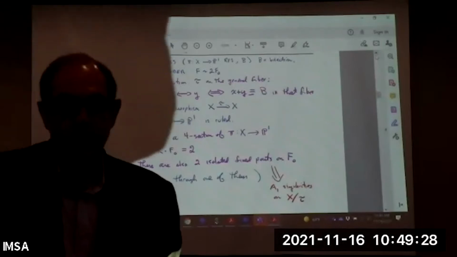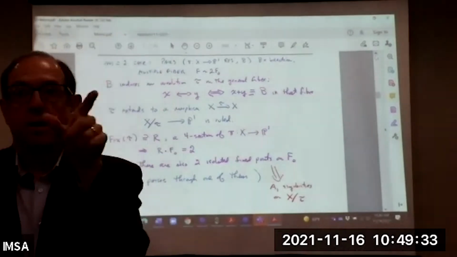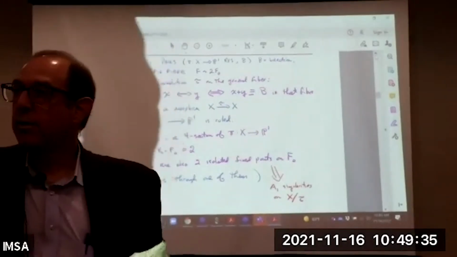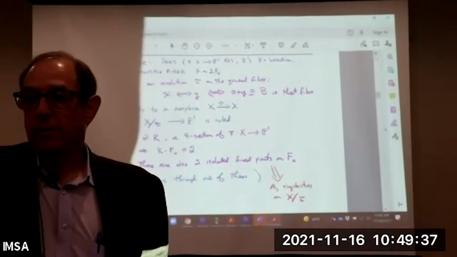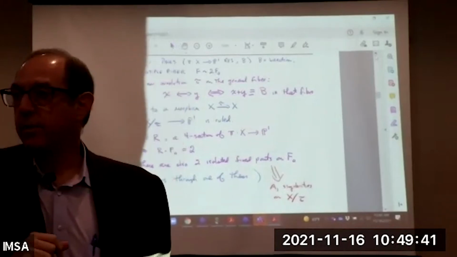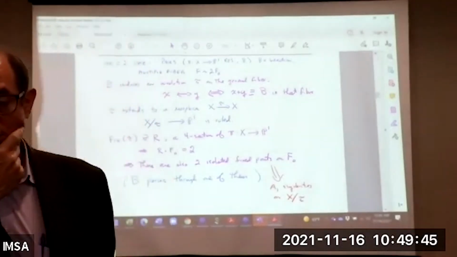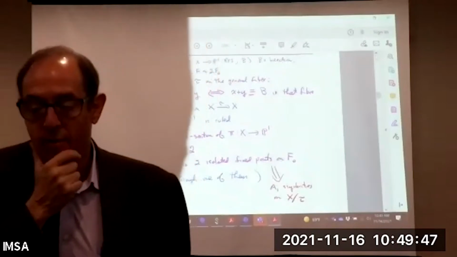And the fixed points contain a foursection, because on the general fiber there are four fixed points for this involution, namely the 4 points of order 2, basically. Choose one to be 0.